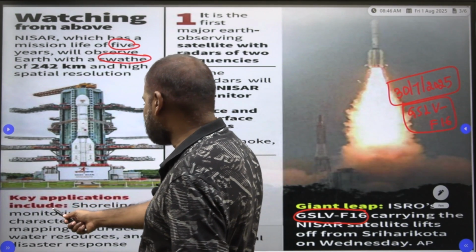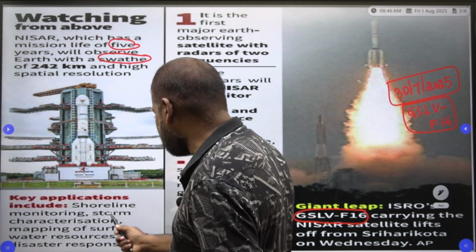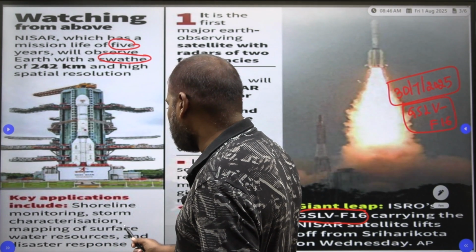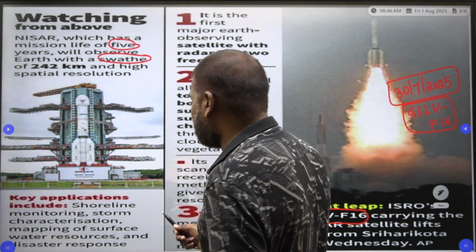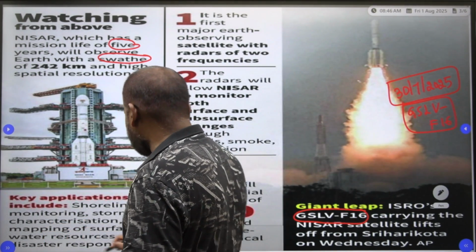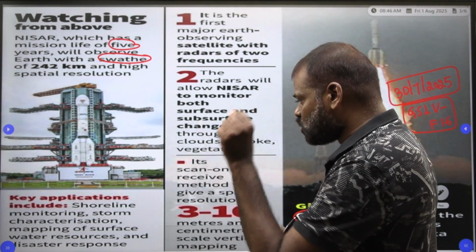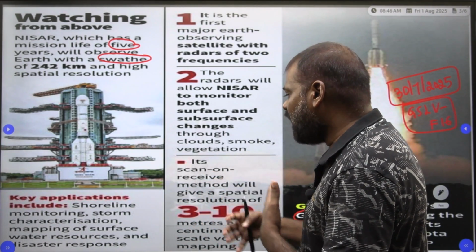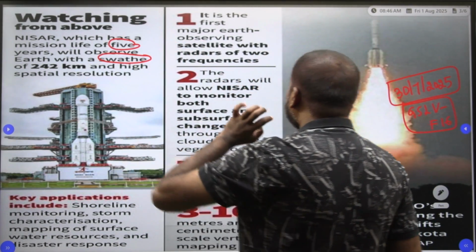The key applications include shoreline monitoring, storm characterization, mapping of the surface, water resources, and disaster response. These are the key applications for the NISAR mission.